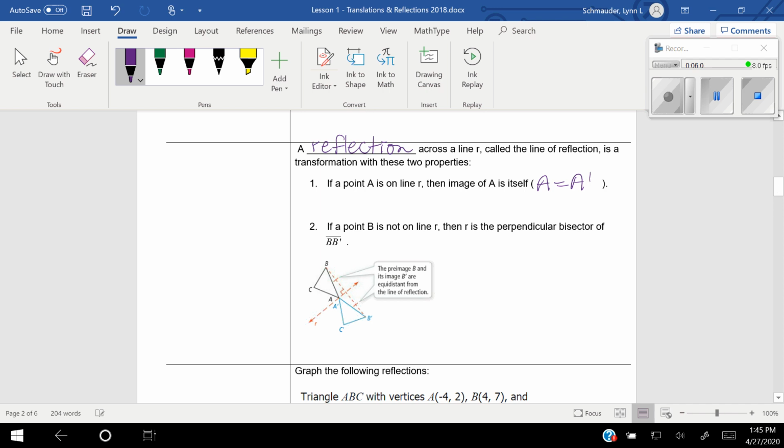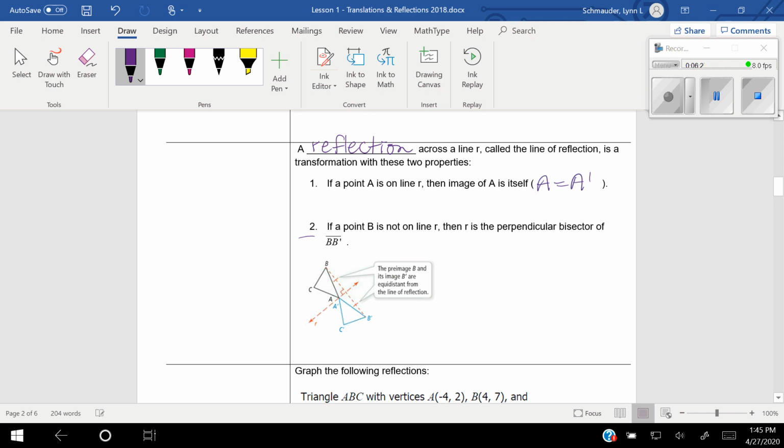All that's saying, guys, is that if the point you're reflecting is on the line of reflection, it's going to stay on the line of reflection, because all the points have to be equidistant. When you have a reflection, every point that you reflect in the pre-image has to be the same distance away from the line of reflection in the image.